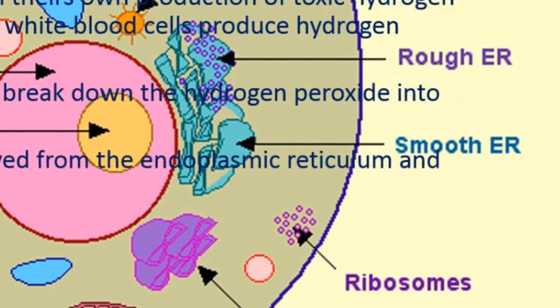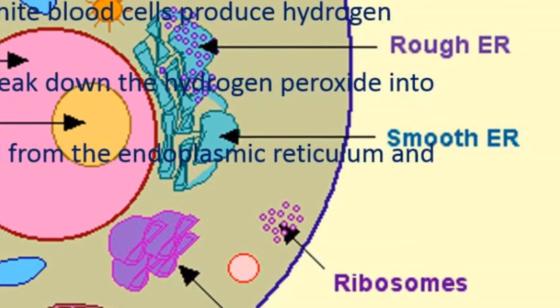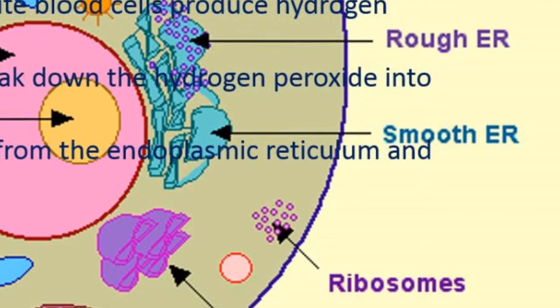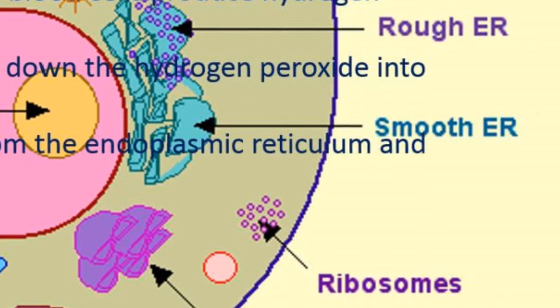They also contain approximately 10% of the total activity of two enzymes in the pentose phosphate pathway, which is important for energy metabolism.